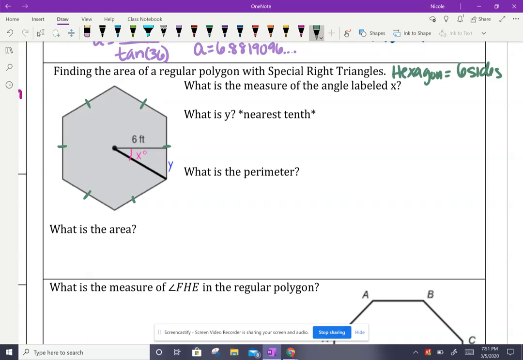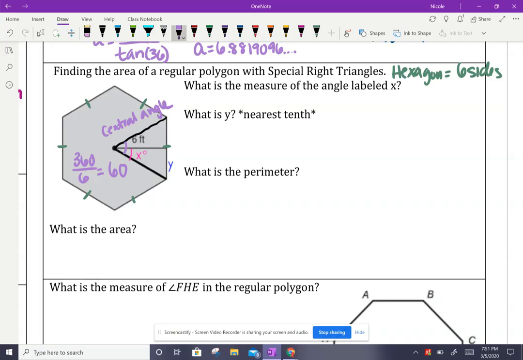We have to remember, first we need to find our central angle. Remember that the central angle connects both of these together, so all of it is our central angle. For the central angle, we take 360 divided by the number of sides, which is 6. That gives us a central angle of 60.